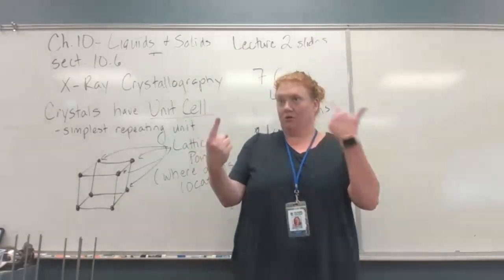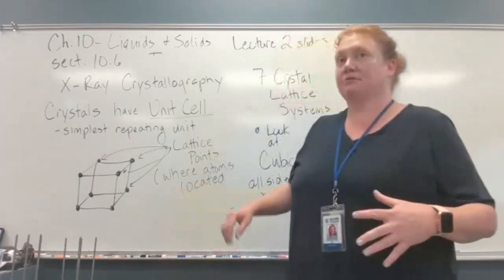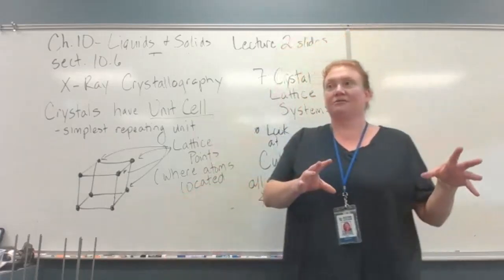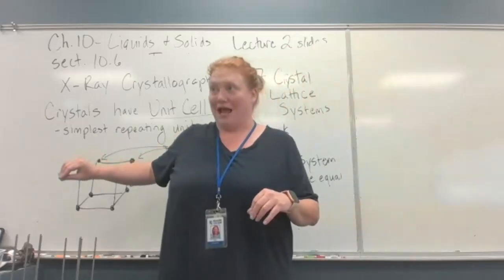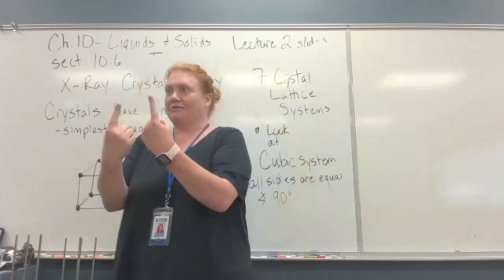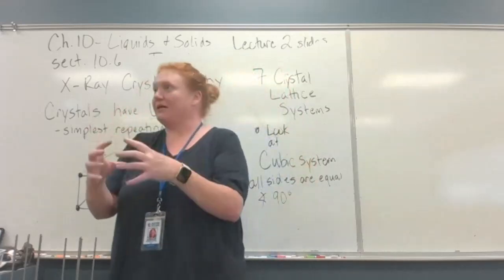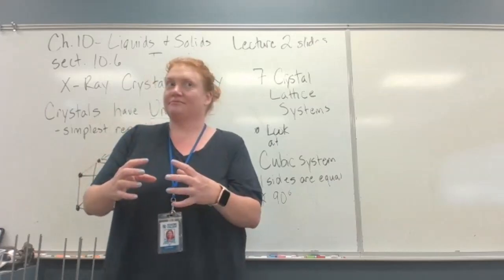We know that's a 1-to-1 ratio. If we were going to look at the unit cell for sodium chloride, there would have to be a total of 1 sodium and 1 chloride ion represented in that unit cell, because that's the smallest unit.